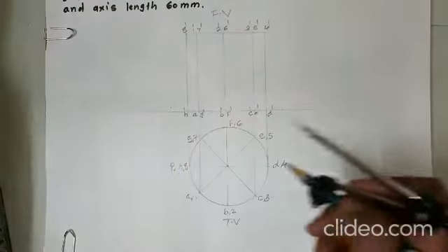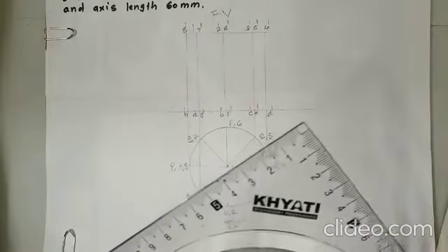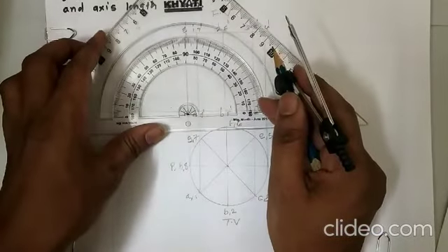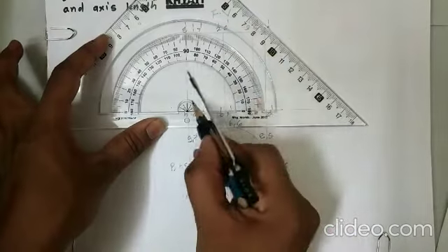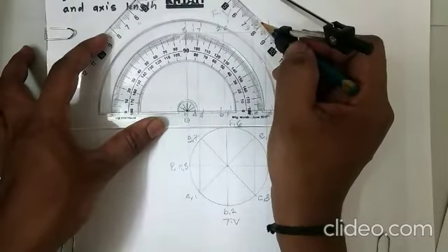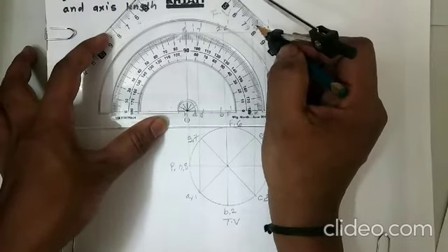So for that we will utilize the method to divide a line into an equal number of parts. Consider this is a line, and from this line take a 30-degree angle. We did this many times in previous problems.